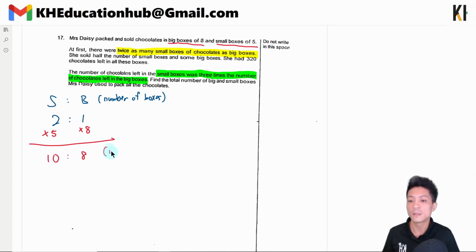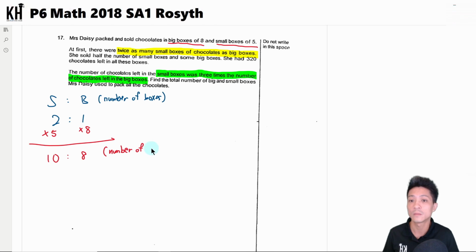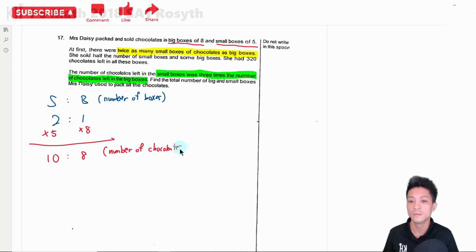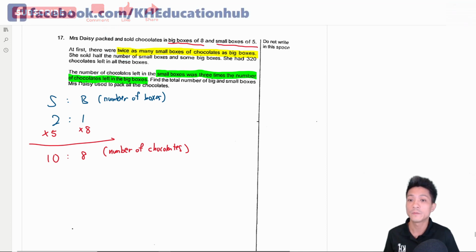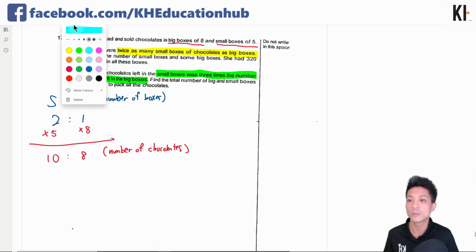And this is the number of chocolates. Then the next thing I need to look out for is this one over here.